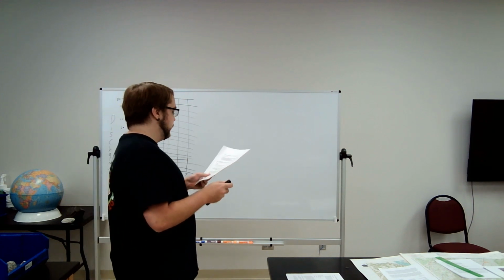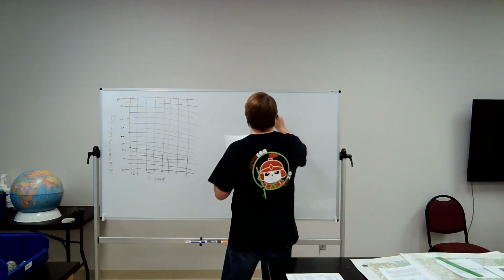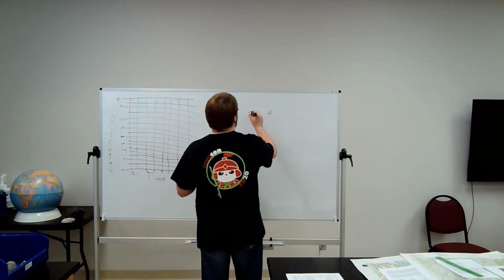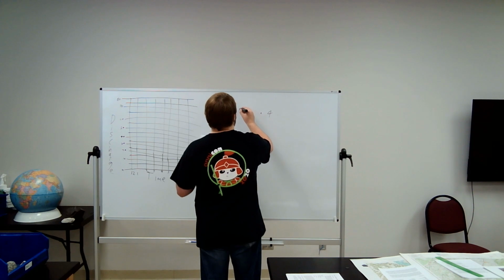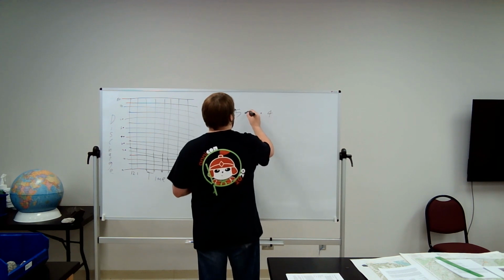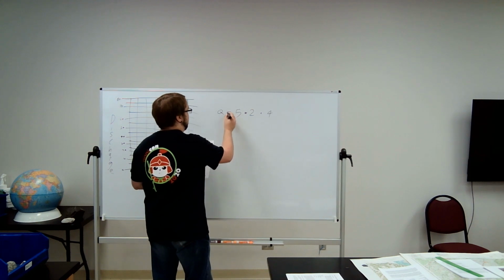The first exercise says, what is the discharge of a stream that has a velocity of 4 meters per second, a width of 5 meters, and a depth of 2 meters? It's a simple equation.